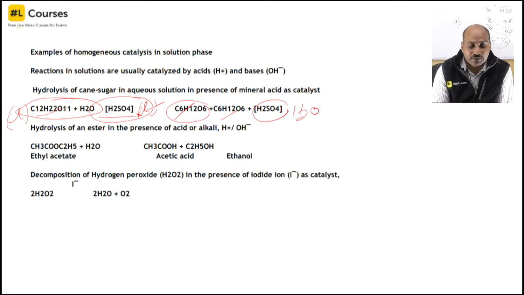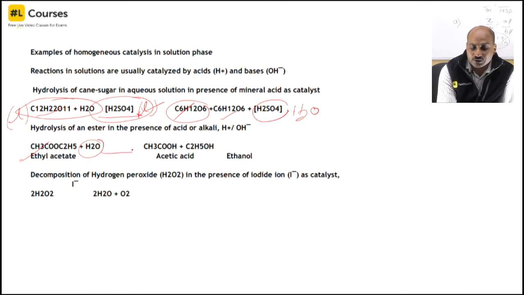So, coming to another example, I think everybody is happy with this ester, because whenever we cut an apple, you find a fruity odor. In the laboratory also you can make an ester smell very simply. Add an organic acid to an organic alcohol, and you get a beautiful smelling compound called an ester. In this case I will take the example of ethyl acetate undergoing hydrolysis in the presence of, once again, sulfuric acid.